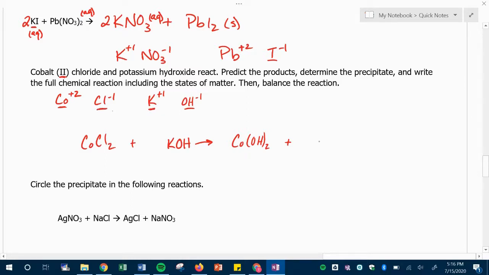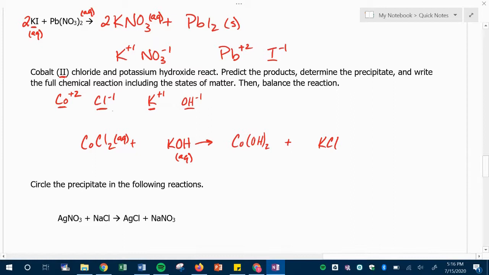Since those are +1 and -1, it's just KCl. All right, now that we have our reaction and we predicted our products, let's do our precipitate part. Now remember, we can write aq after both of our reactants. So let's start checking our products.